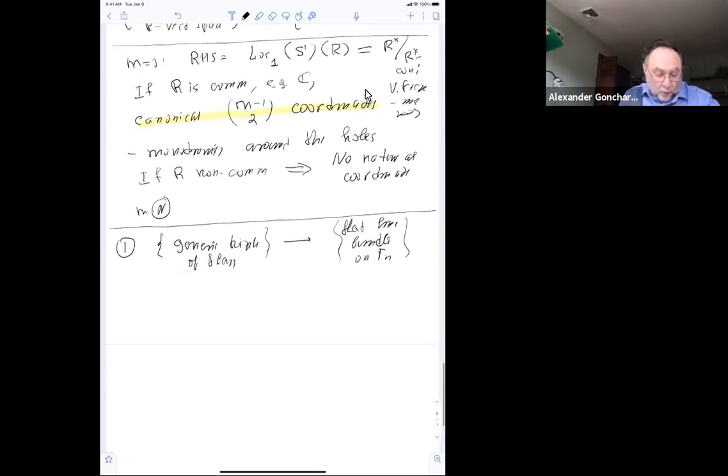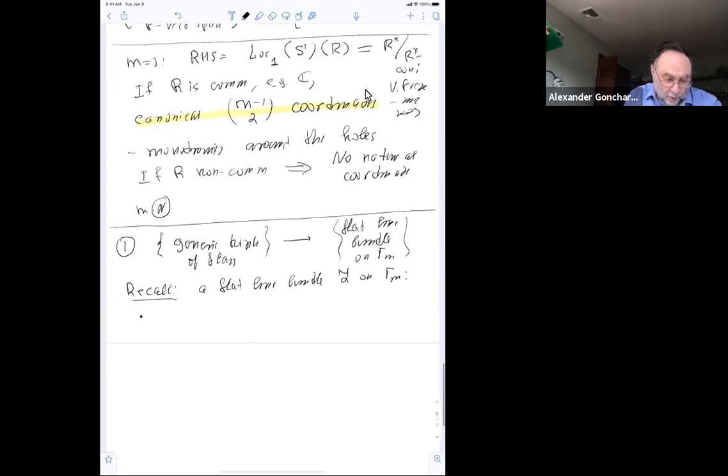Well, let me recall what is a flat line bundle on a graph. So a flat line bundle L on any graph, for example gamma m, is the following data. First of all, you have to give yourself a line, a one-dimensional vector space, which sits at every vertex.